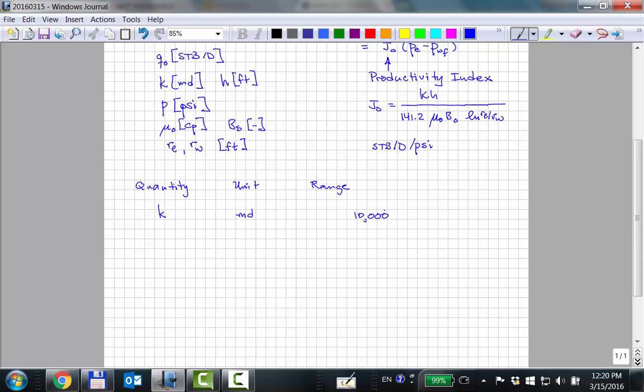Some of the rock is almost like sand that you see on the beaches. It's hardly consolidated. So this is the upper range, and this is often referred to in darcies because 1 darcy is 1,000 millidarcies. So this would be like 10 darcies, and anything greater than 1 darcy is extremely high. That's the upper range.